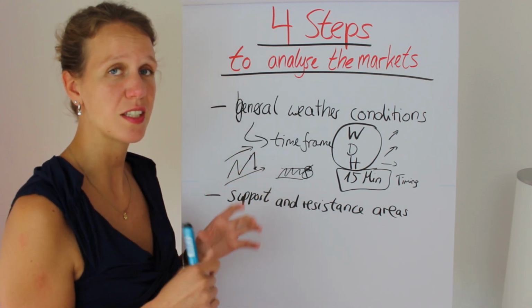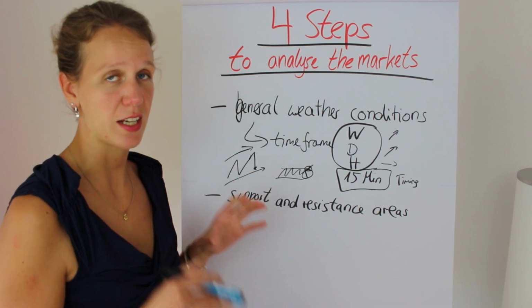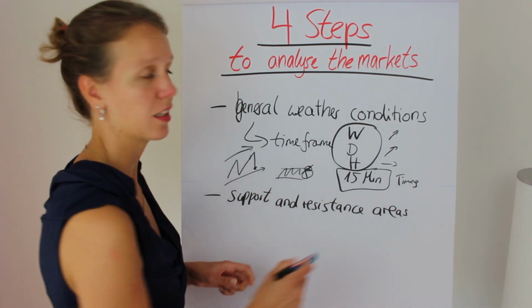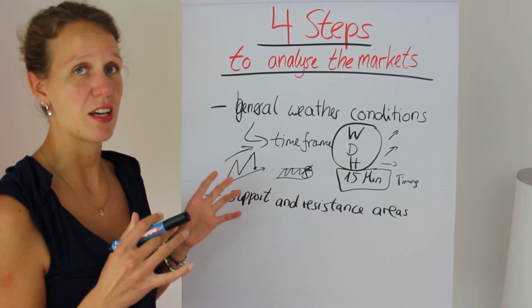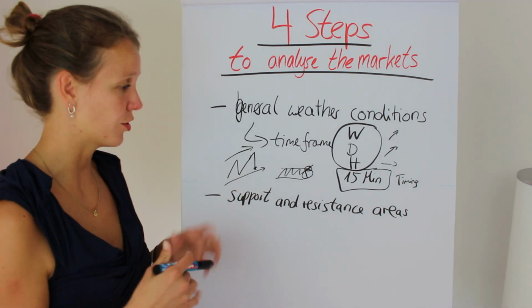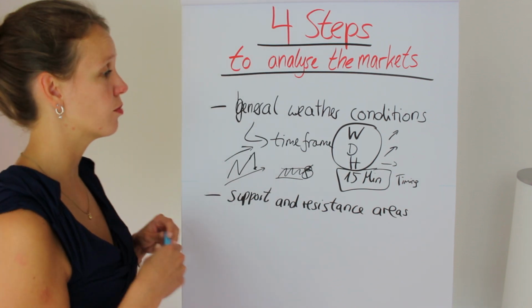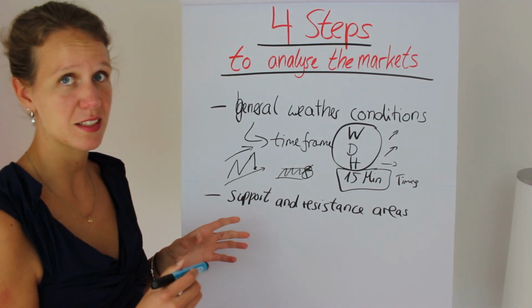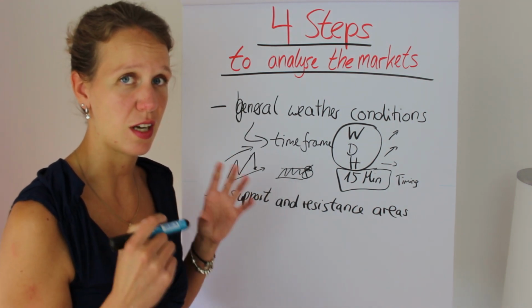If you want to go into detail, I really recommend you go to my YouTube channel and check out this video exactly on that topic. But for now, support and resistance areas are important because they are high potential turning points. So it's really important to analyze the chart for where these high potential turning points are.